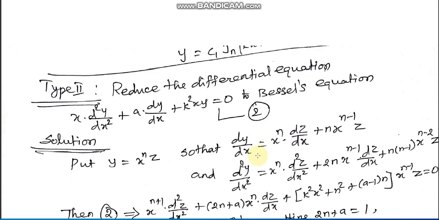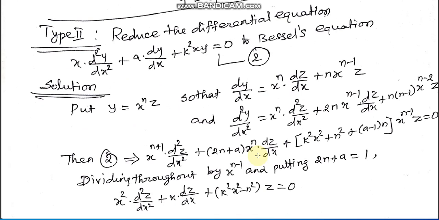The next, type 2, this differential equation can be reducible to Bessel's form. So let this be equation 2. Here put y equal to x power n z, so that dy by dx and d square y by dx square take this form after differentiating x power n into z.